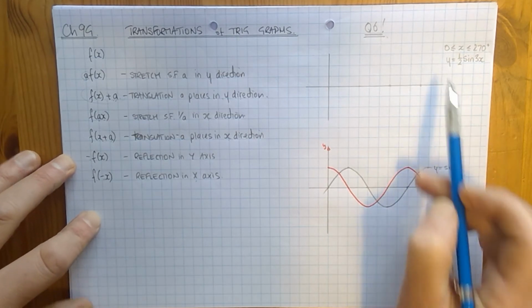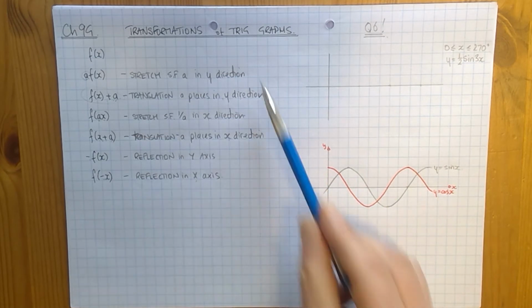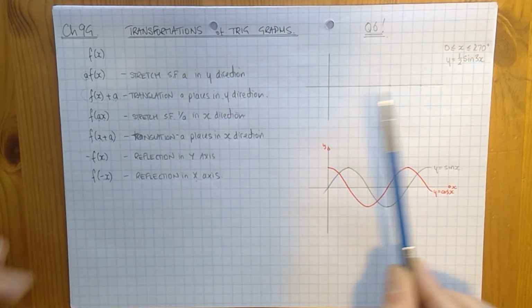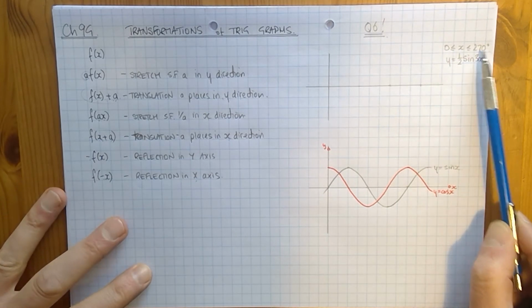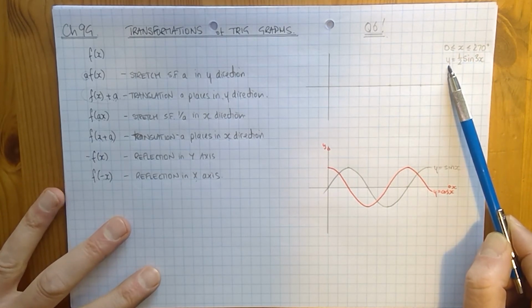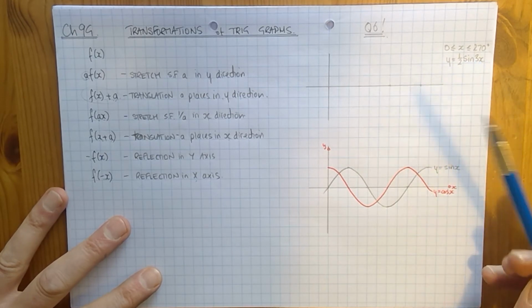Okay, I'm going to have a look at one question which I've just made up, and then we're going to talk very briefly about the connection between sine and cos in relation to these transformations. Let's have a quick look at this. I've got x is between 0 and 270, and I need to sketch the graph of y equals half sine 3x. So I've got two operations here.